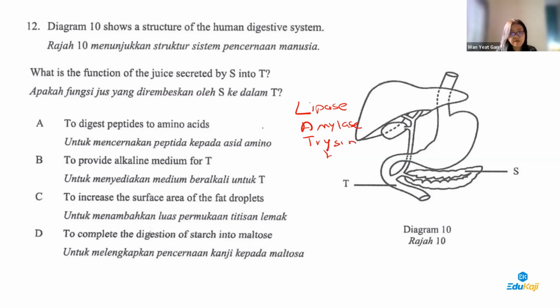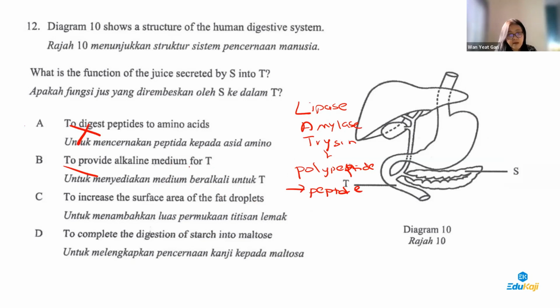Trypsin hydrolyzes polypeptide into peptide. So answer A is wrong.